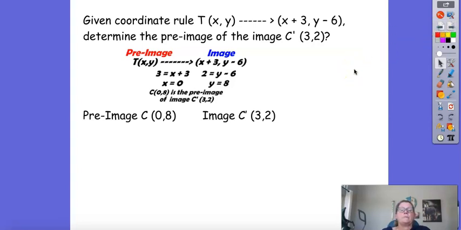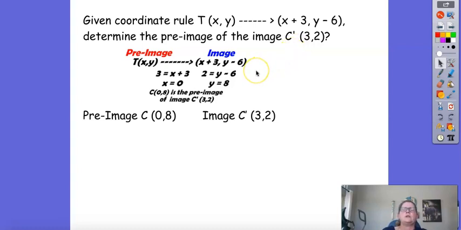Okay, here's another one. This is also a coordinate rule T, saying that all the points x and y are going to get mapped to x plus 3, y minus 6. So this time, determine the pre-image if the image is (3, 2). This time I'm telling you where I landed, where that point landed, and you have to tell me where I started from.